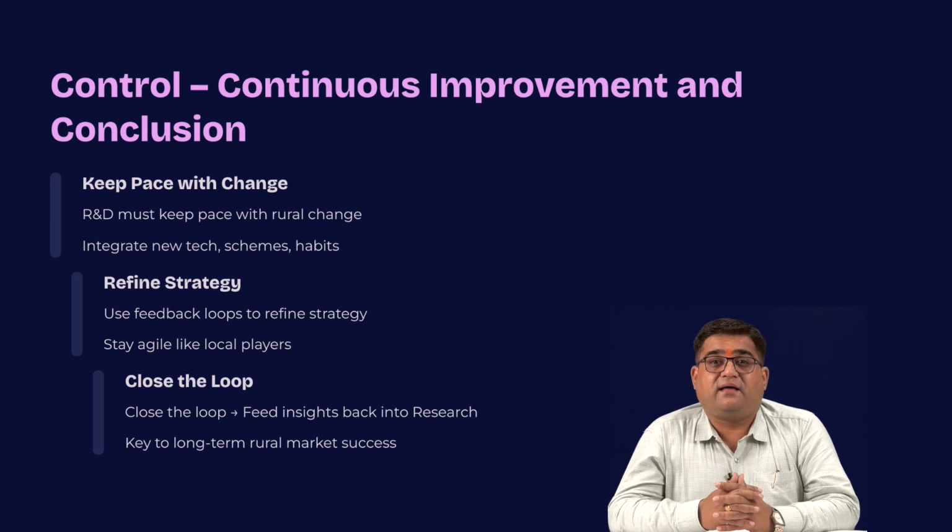This phase effectively closes the loop of the rural marketing model, often feeding new insight back into the research stage and potentially initiating the cycle anew for further product development or deeper market penetration. With that, dear learners, we conclude our lecture on steps in the rural marketing model.